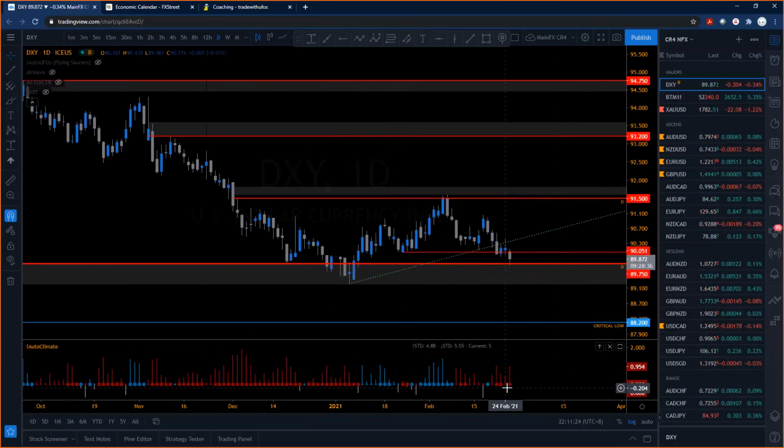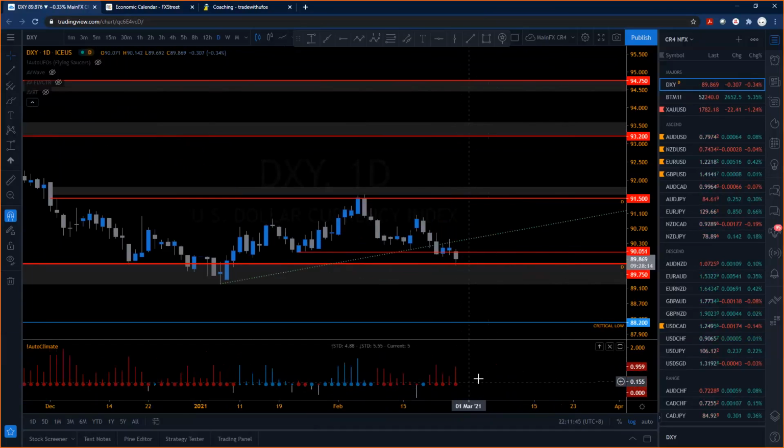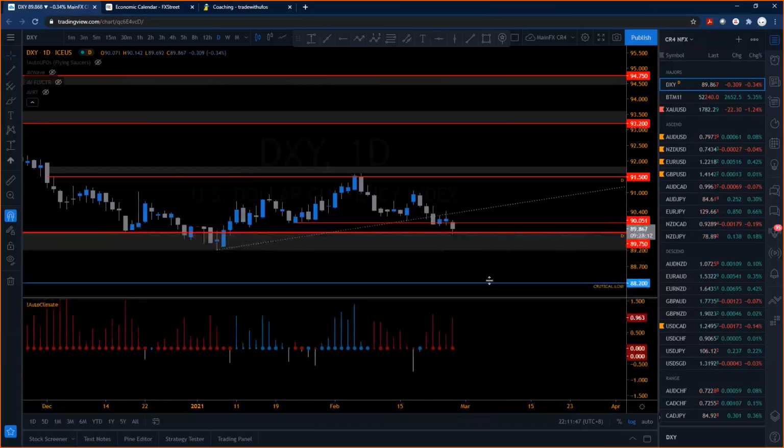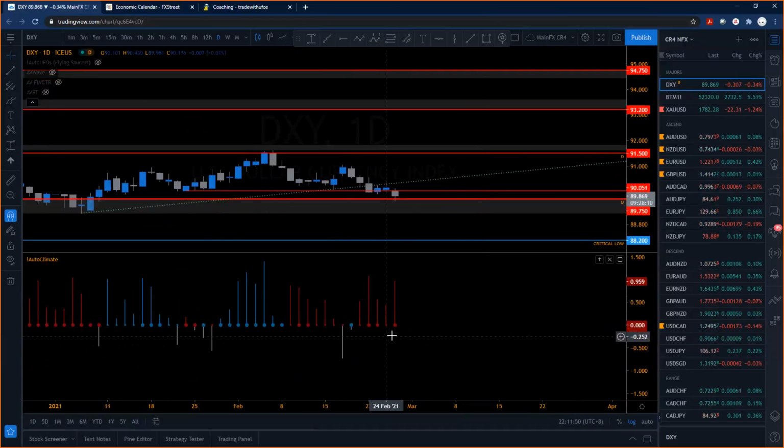If we have blue sapphire dots, which are solid, that would be where we have a bias to look for buys, to go long, and so that is an up climate. So that's in brief what those colors mean. There is significance between those dots which are solid versus those which are small.